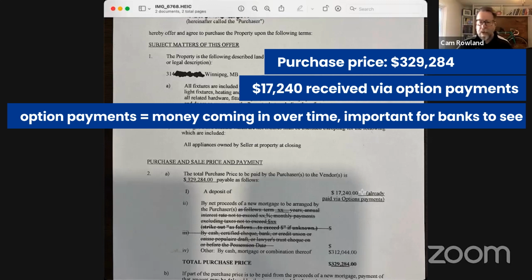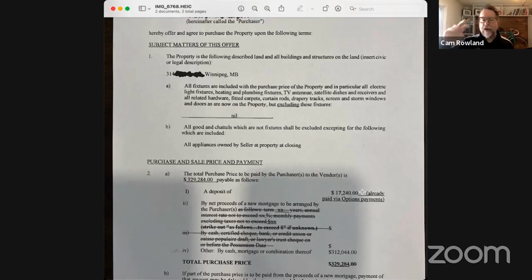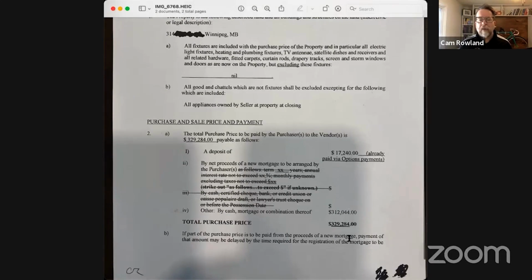So I just print out our QuickBooks, and it shows $5K going in, and then the $340 going in separately each month. That adds up to $17,240. So we close this deal. They purchase it for $329,000. It had an appraisal, appraised fine, all that sort of stuff. So that's how I did this deal.